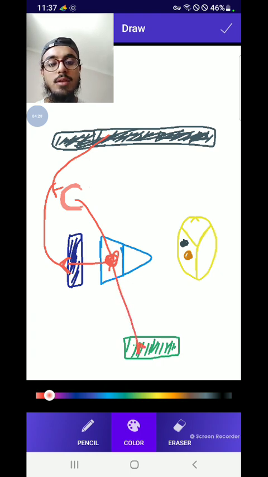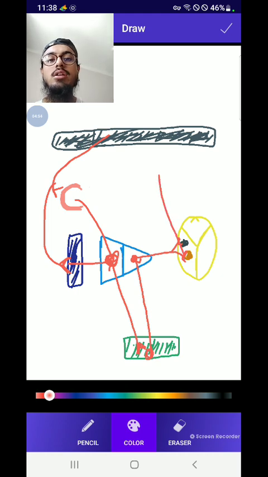From the subthalamus it again enters the globus pallidus internus. From the globus pallidus internus it goes towards which part? The thalamus, the ventrolateral and ventroanterior nucleus of the thalamus. From these two structures it again enters the cortex, the motor cortex of the brain. So this is the whole pathway.